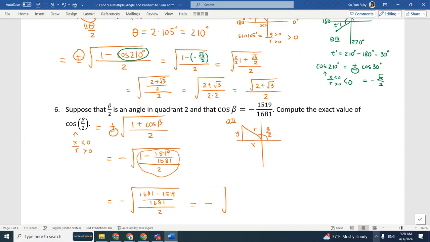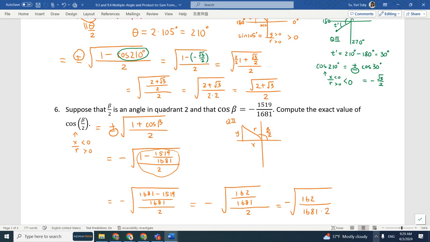And let's see, what is that? 1681 minus 1519 is 162 over 1681, and then over 2. And now we can then simplify. Where do we put the 2? Upstairs or downstairs?